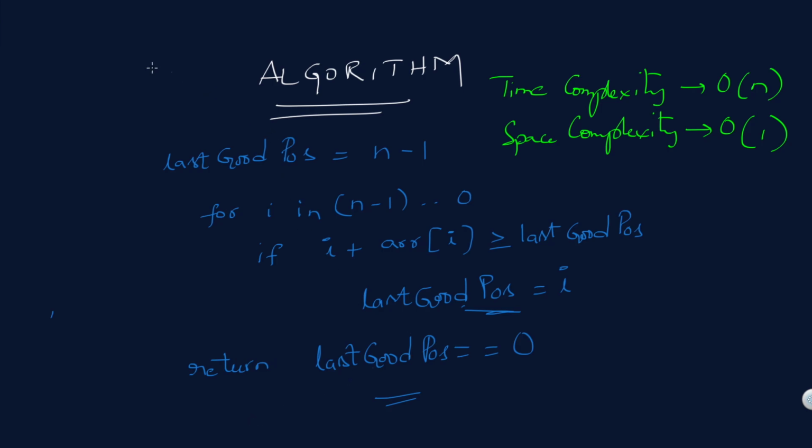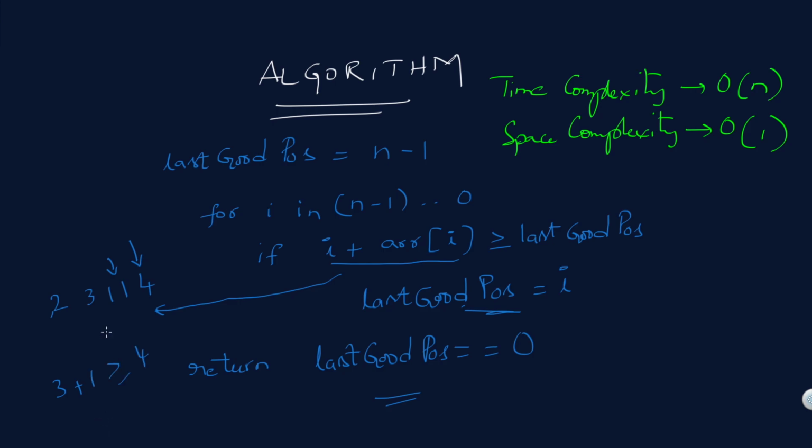Again we will be returning whether last good position is equal to 0. Suppose we will be using the same example 2, 3, 1, 1, 4. First the position will be 4. So we are checking from n-1 to 0. Now the I is here, so ith position is 3. 3 plus arr of I, 1, is greater than or equal to 4.